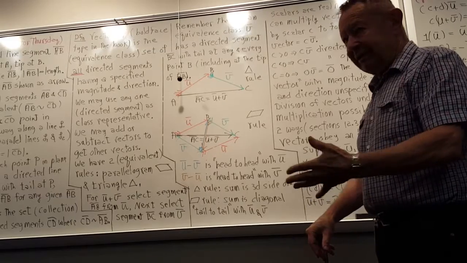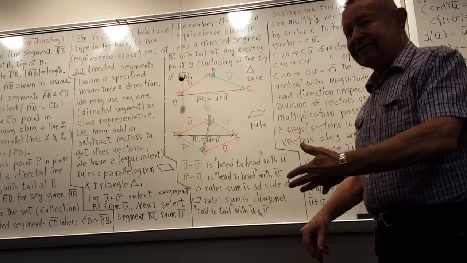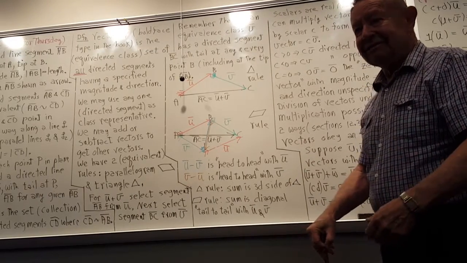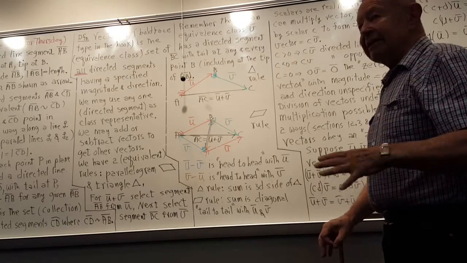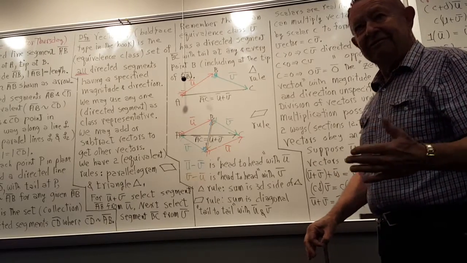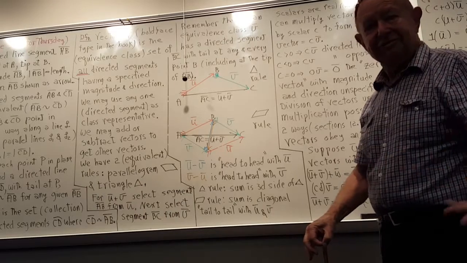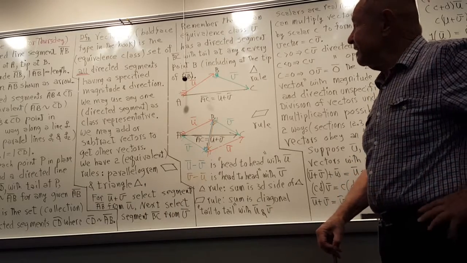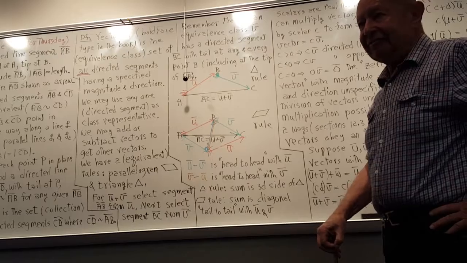And it'll point however all the vectors point in this set, and it will have the length, in other words, the magnitude of the force or velocity or acceleration that all of them have.